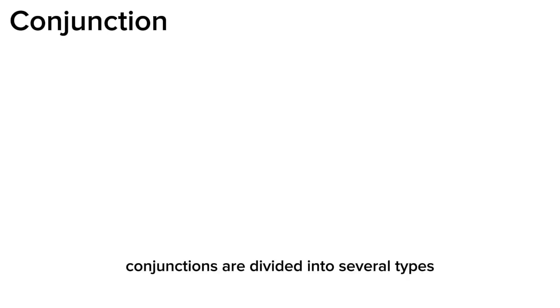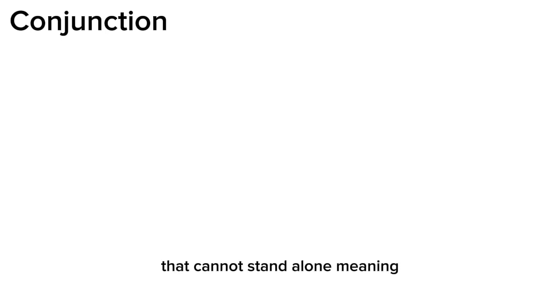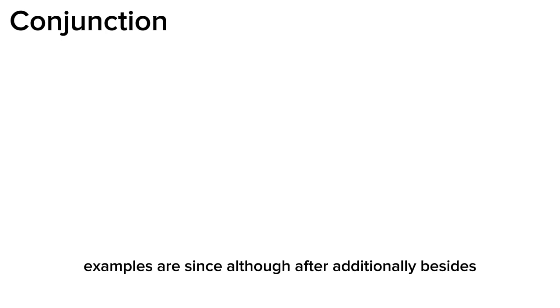Conjunctions are divided into several types. Conjunction based on function. A subordinate conjunction is a conjunction to combine two dependent clauses that cannot stand alone, meaning they must be combined with another clause to produce meaning. Examples are since, although, after, additionally, besides.